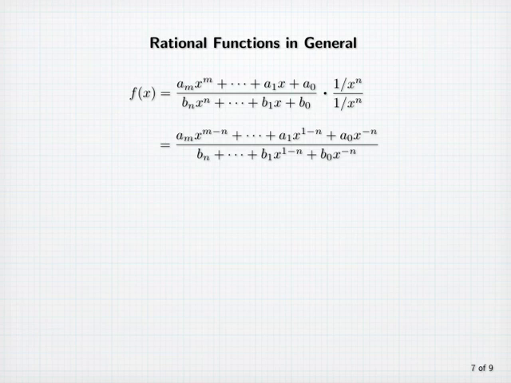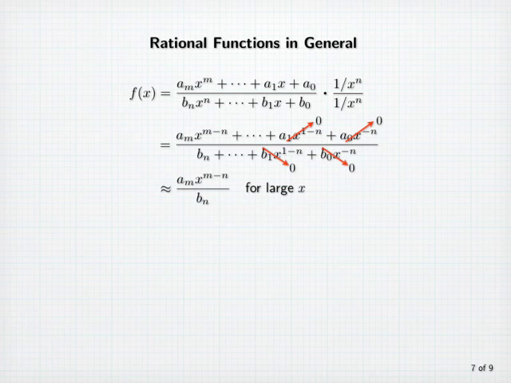So those negative powers, along with whatever negative powers appear in the numerator, approach 0 as x goes to infinity, and the value of the function will be approximately equal to the leading term in the numerator divided by bn for large values of x. How this behaves for large values of x depends upon the exponent m minus n.